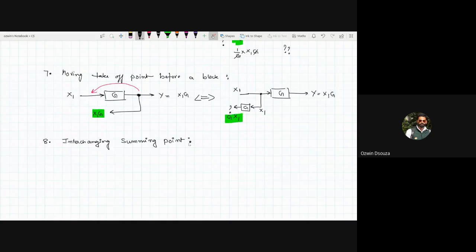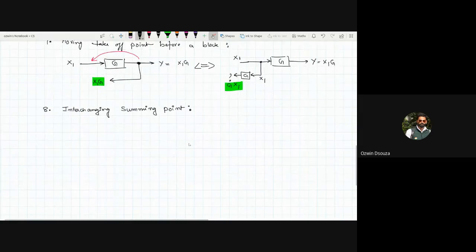Sometimes we see that in order to apply the block diagram reduction technique, it is convenient to interchange the summing points. So how do you do that? To understand the interchange of summing points, we will consider a small block diagram scenario.